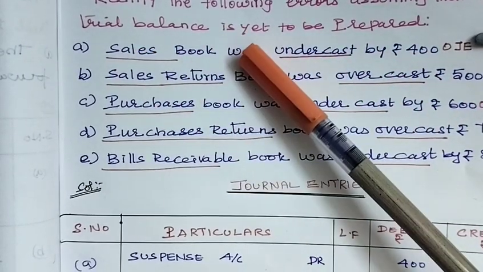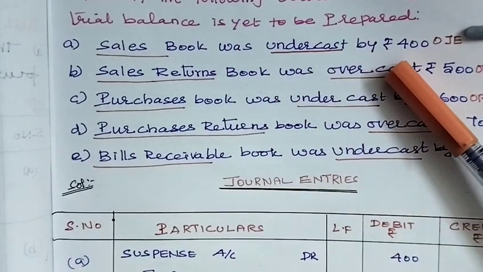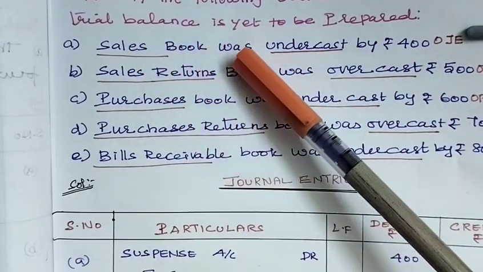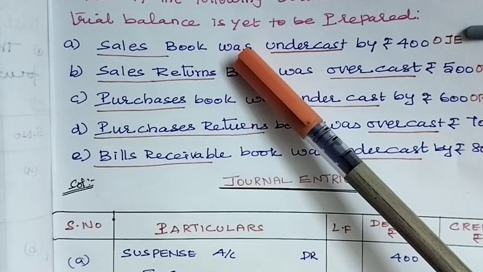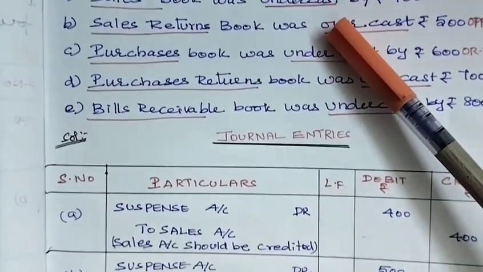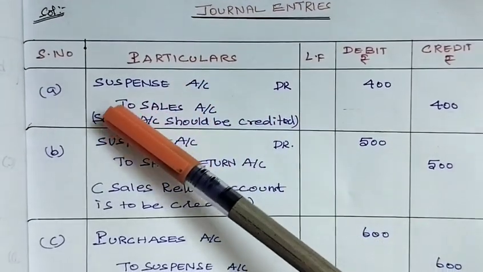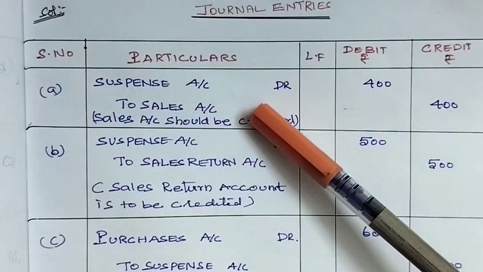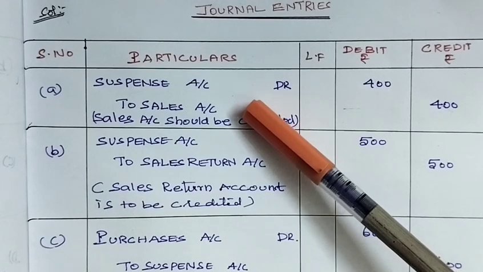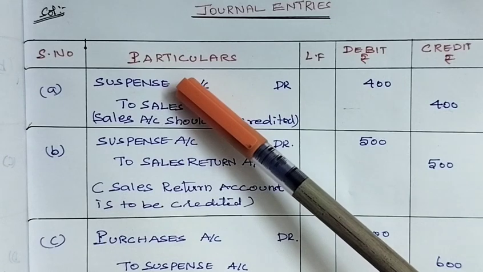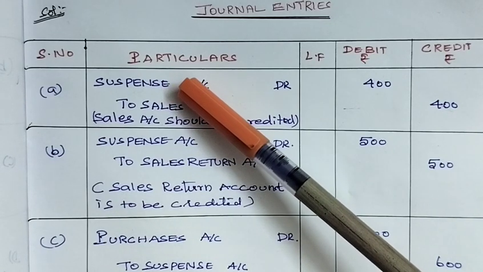This is the error. How can you rectify it? You have to follow the original entry for the sales account, which is credited. So you have to use the suspense account on the debit side, then only the error will be rectified.